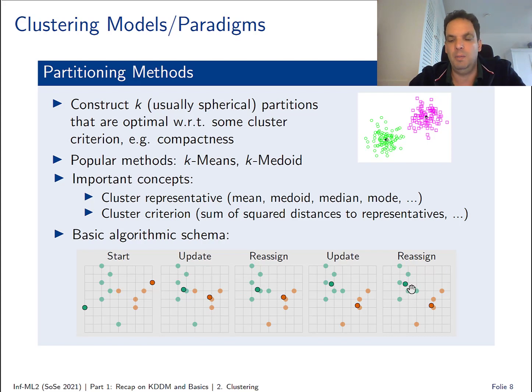And most of you know that at some point in time, all the points are assigned to the same cluster center as before. So the update ends up in actually no change, and at this point the algorithm converges and stops. And we have our clusters found, which are represented by the representative objects, means, medoids, whatever it is.